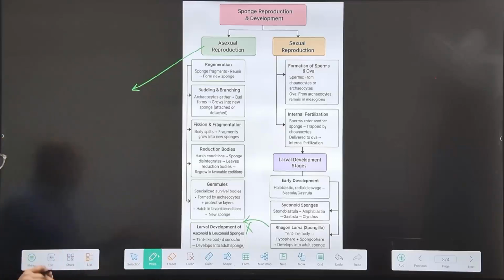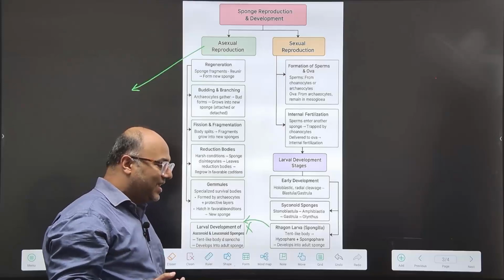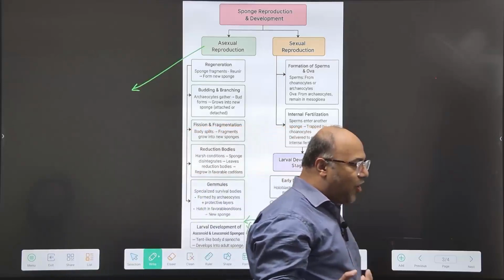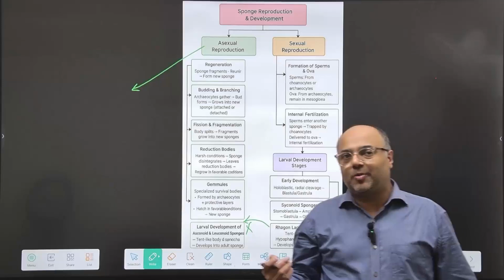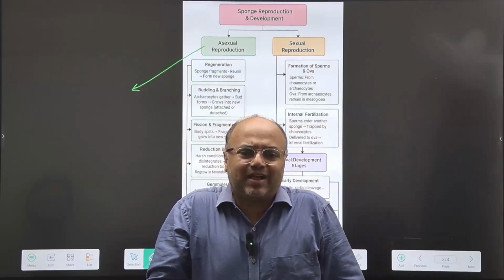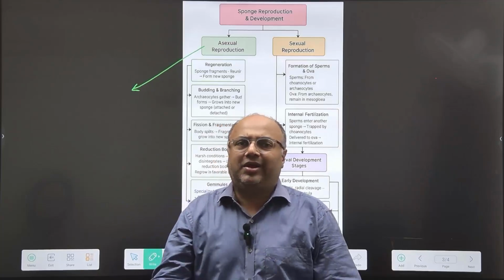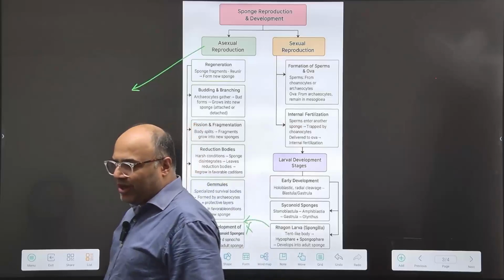problems that I find with many learners of zoology is that they say asexual reproduction involves one parent and sexual reproduction involves two parents. Well, in many cases, sexual reproduction does happen with a single parent organism. Let's take a plant which is bisexual.